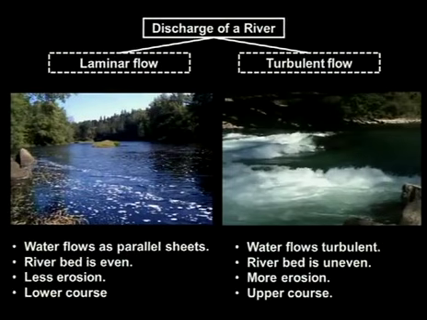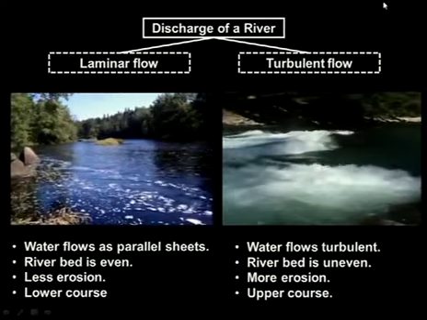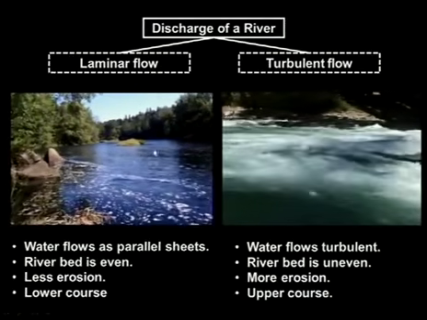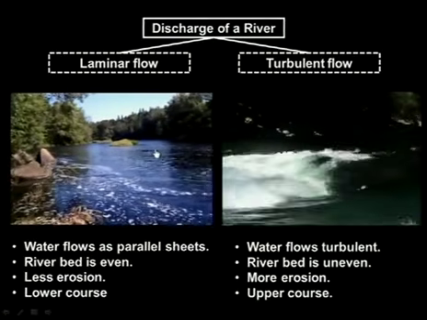Okay. Now, I'm going to have a look at the discharge of a river now. We are going to have a look at laminar and turbulent flow. What's very important is that you must remember what it looks like. Just by looking at these 2 rivers, you immediately see there's a huge difference between the 2.